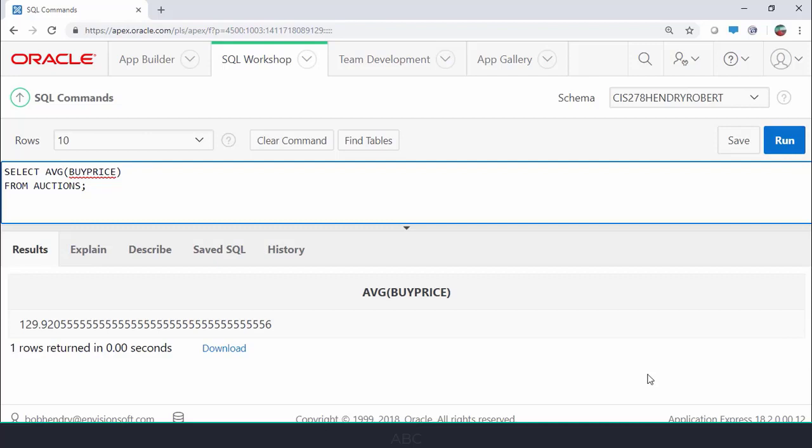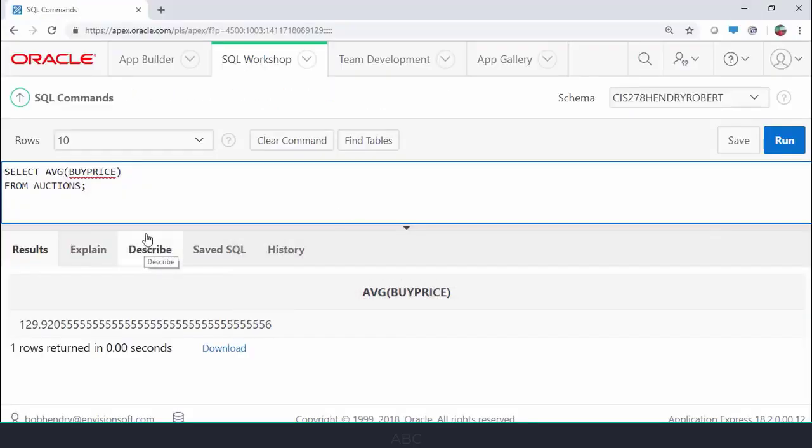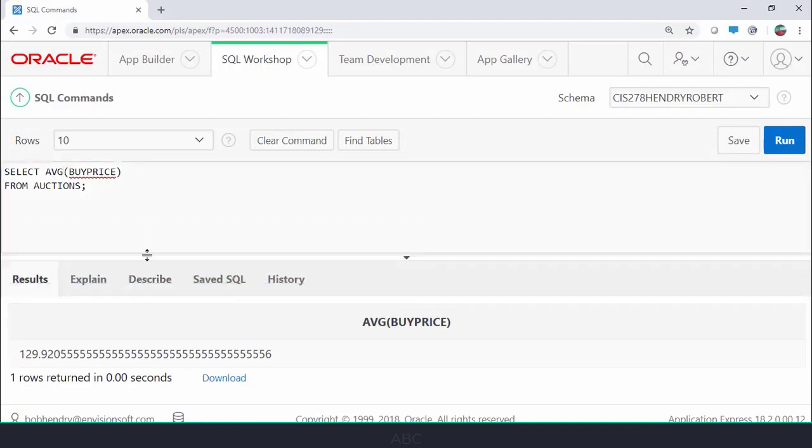Let's start working with these and putting them together. We went over count, max, min, and average. What we can do now is start putting these together if we like. Let me go over how this would work.